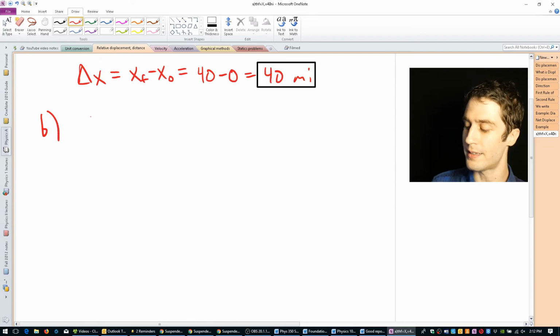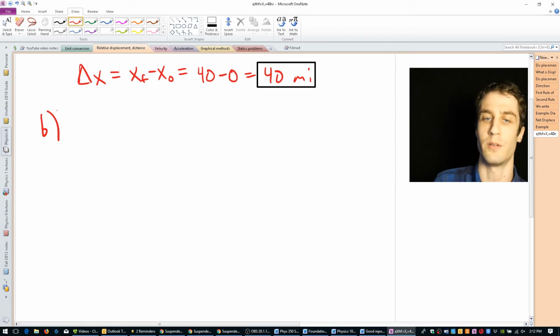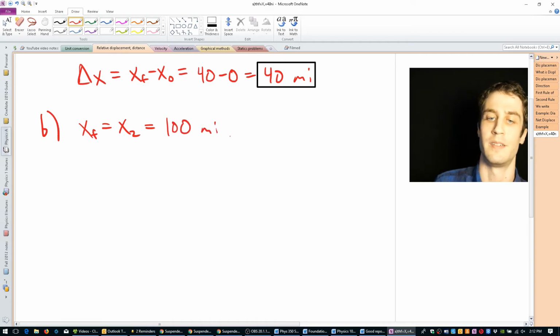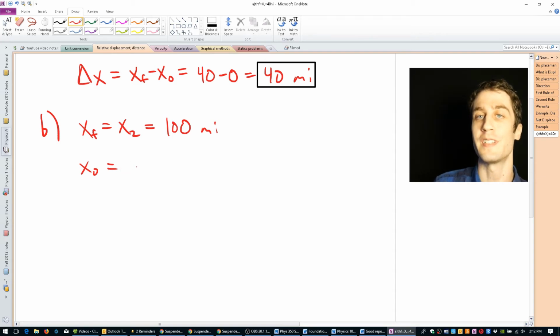This one's not trivial. This one's really the only non-trivial one of the 3 questions that were posed to us. X final is equal to x2, and that's 100 miles. X initial at the start of this second hour is actually x1. So I really apologize.